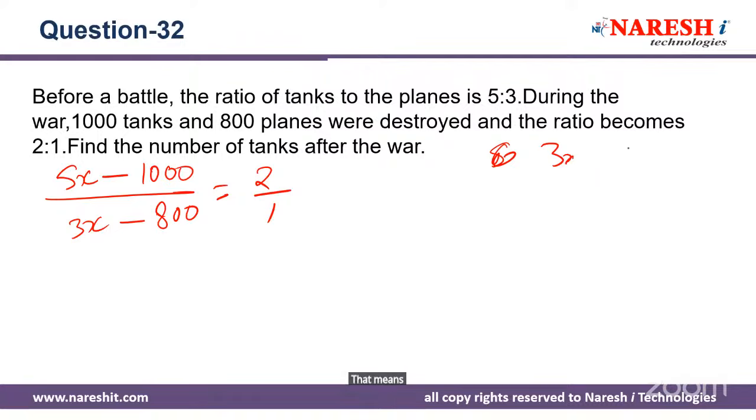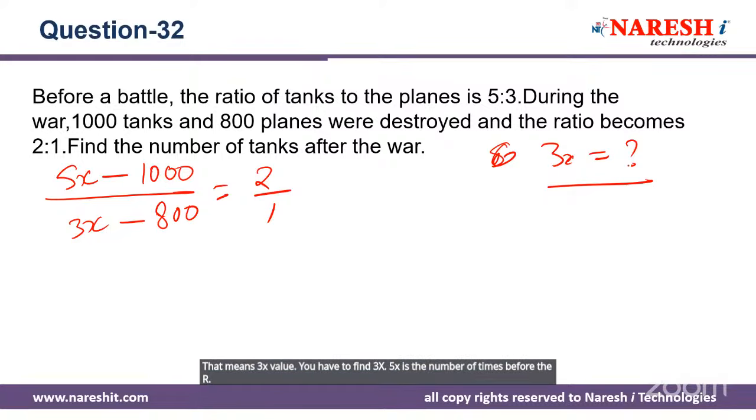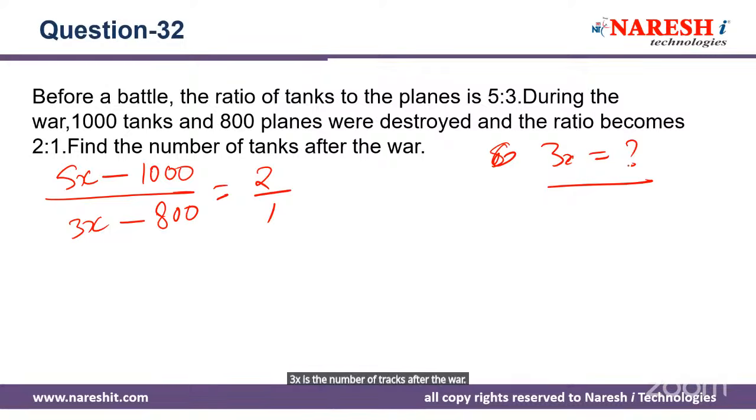That means 3x value? You have to find 3x. 5x is the number of tanks before the war. Sorry. They're asking the number of tanks after the war. So find the 5x value and subtract 1,000. This is the number of tanks after the war.